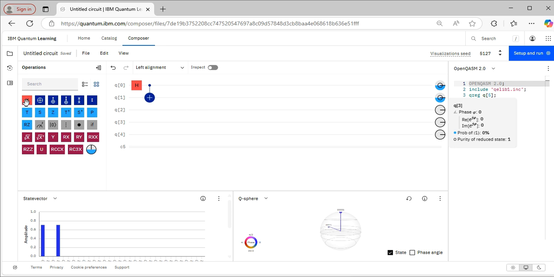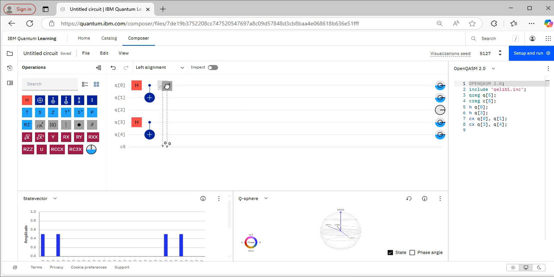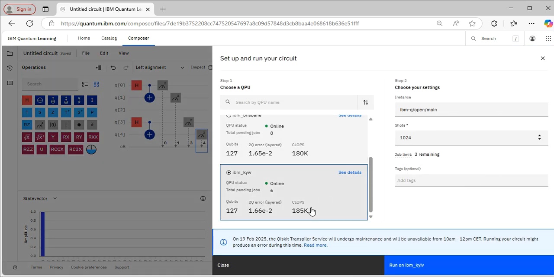All right, so okay, so hold on. Let's do this real quick. I think I know why it's reading slow. So what we're gonna do is put these measurement gates, and then we're just gonna go through and get this reading from this quantum computer in Kyiv.